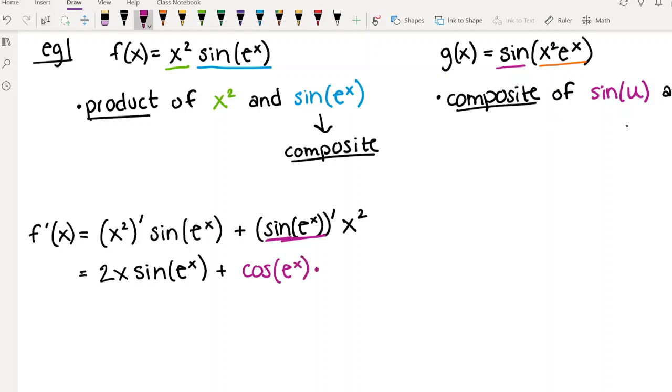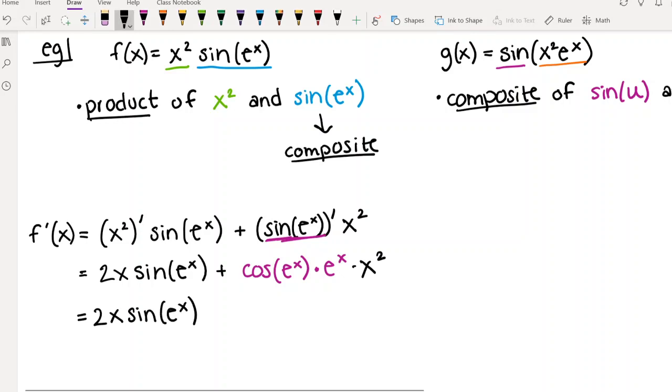But then we have to multiply by the derivative of the inside part. So the inside part is e to the x, and the derivative of e to the x is e to the x. And then we multiply that with x squared. And so altogether we get 2x sine of e to the x plus x squared e to the x cosine of e to the x.